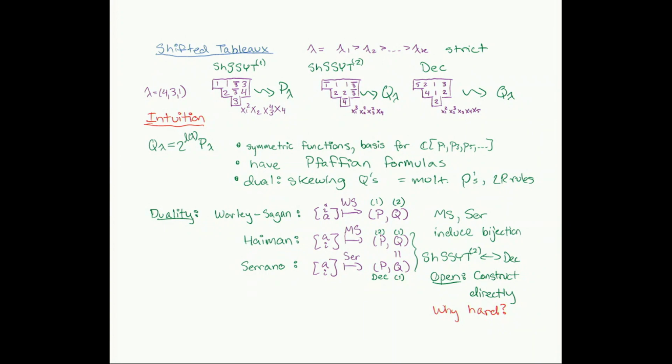They're symmetric functions. They actually form a basis for the subring of symmetric functions generated by the odd power sums. So what that means is that a function f is in the span of the Q lambdas if and only if f(-x1, x1, x2, ...) equals f(x2, ...). So you can cancel negative variables against positive ones.